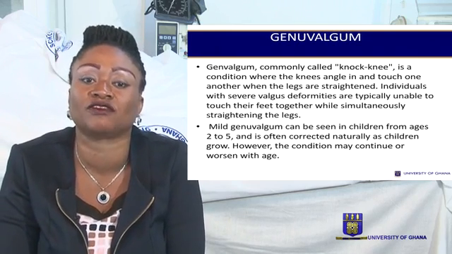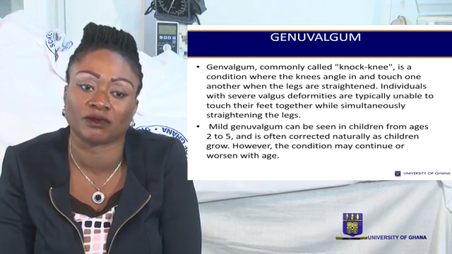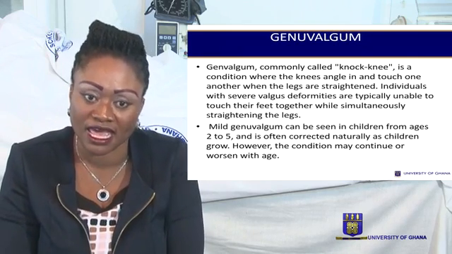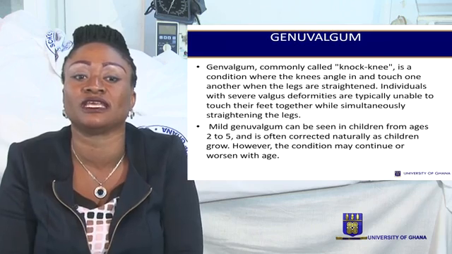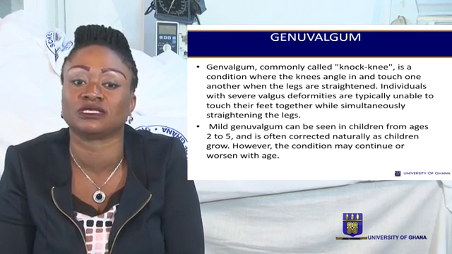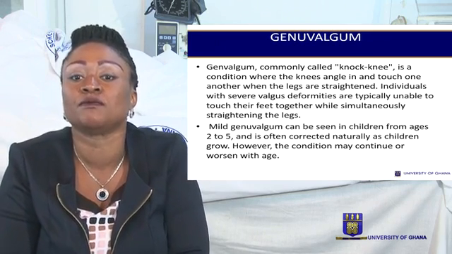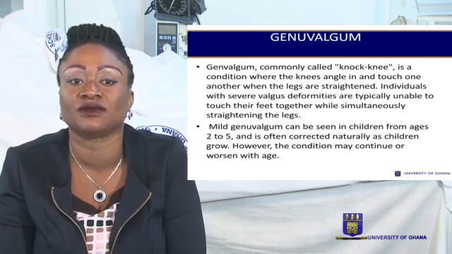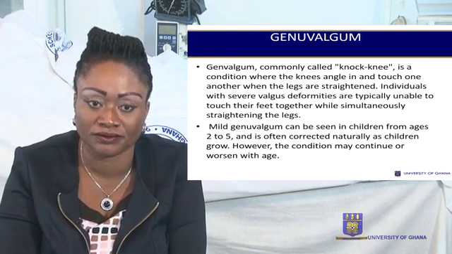Mild genu valgum can be seen in children from ages 2 to 5 and is often corrected naturally as the child grows. However, the condition may continue or worsen with age.